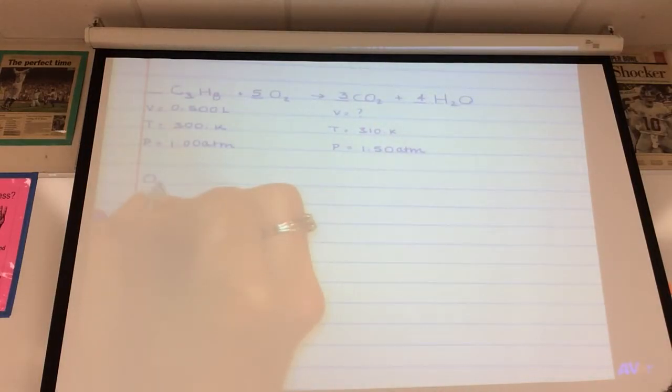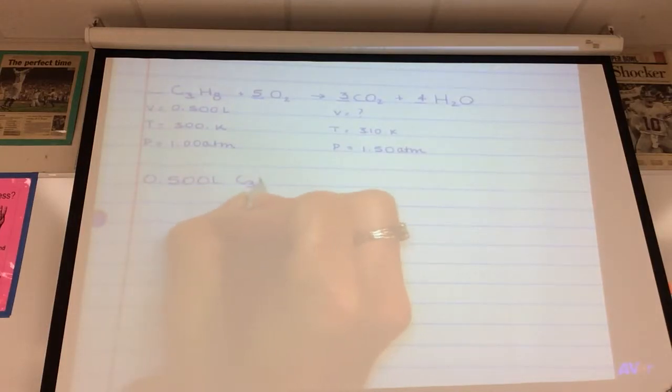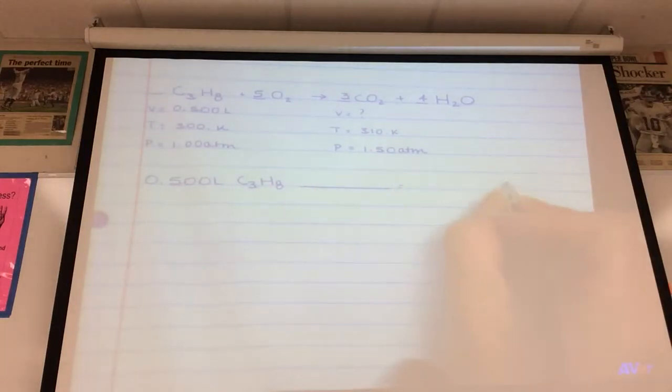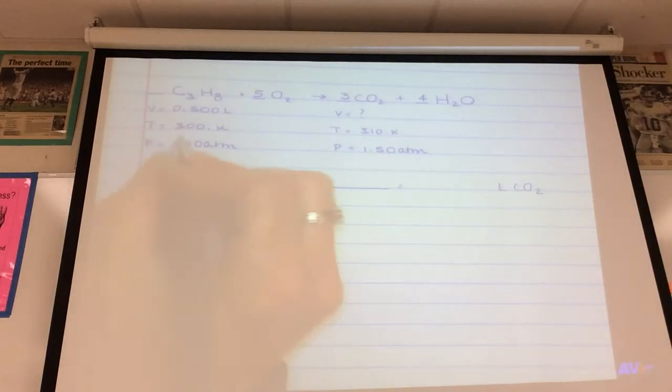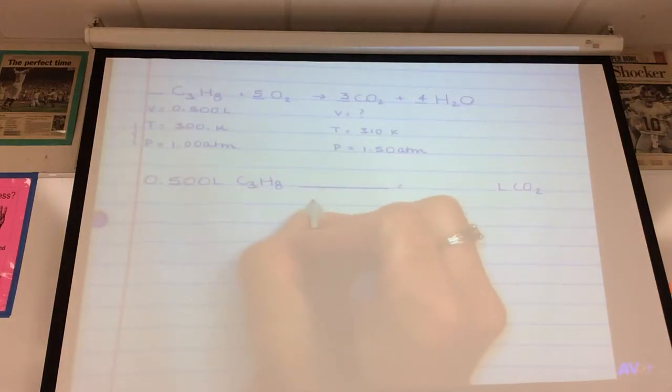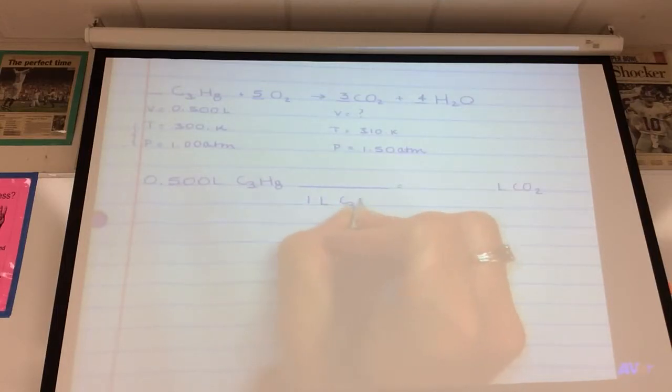So you have 0.500 liters of propane, and you want to get the volume of CO2 under this set of conditions. Volume stoichiometry is under one set of conditions. From the balanced equation, as we mentioned the other day, instead of mole ratios, you can have volume ratios for gases.